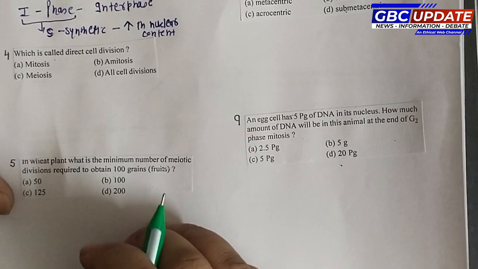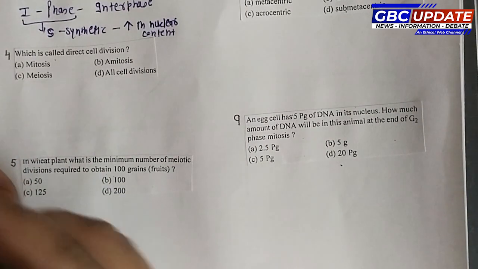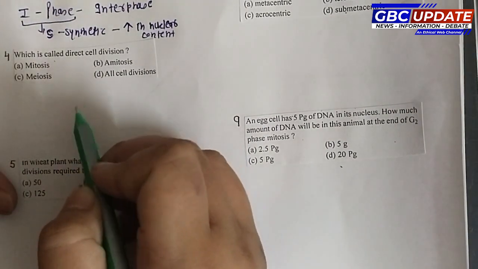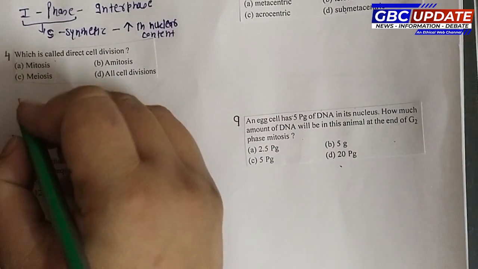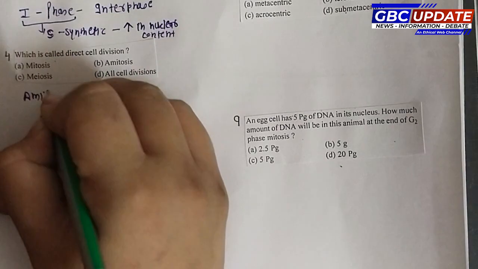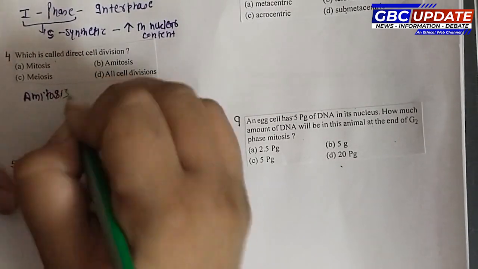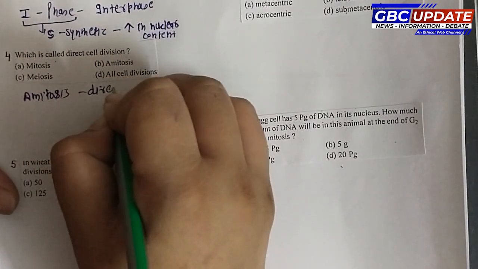Next question is: which is called direct cell division? Mitosis, meiosis and the odd cell divisions are not the correct answer. The correct answer is amitosis, because amitosis is also known as direct cell division.